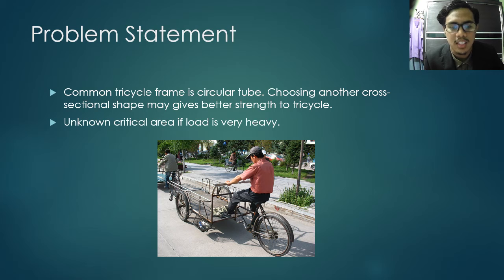Also, the critical area of the frame is unknown when the load is very heavy. So if the critical area is known, the rider will avoid loading a very heavy object at a certain point.